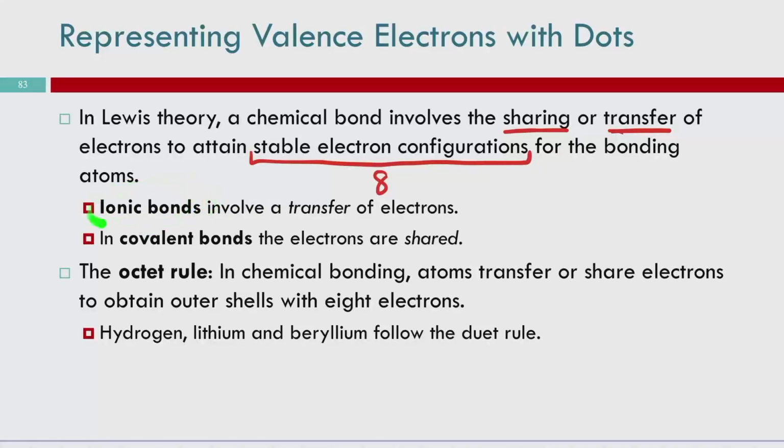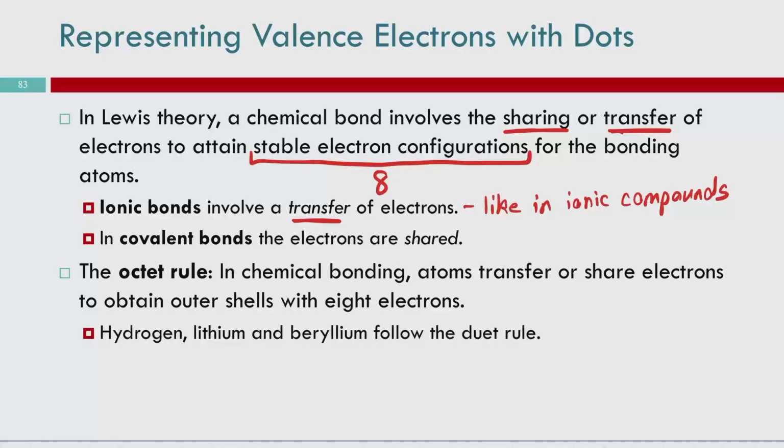So we've got ionic bonds that involve a transfer of electrons, like in ionic compounds, when we've got metals reacting with nonmetals.